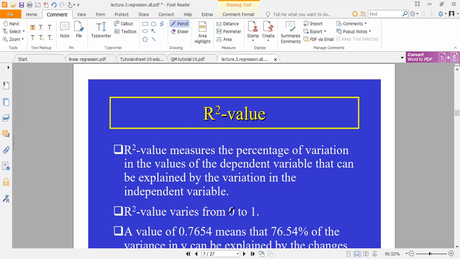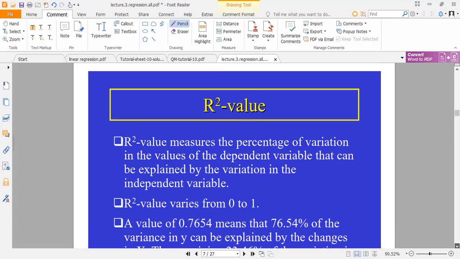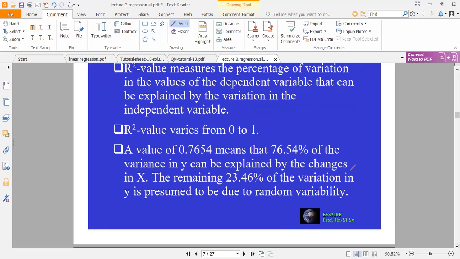And our R squared must always range between 0 and 1. So if we have a value, for instance, 0.7654, it means that 76.54% of the variation in y can be explained by the changes in x, meaning the remainder, which is 23.46% of the variation in y, is presumed to be due to random variability.